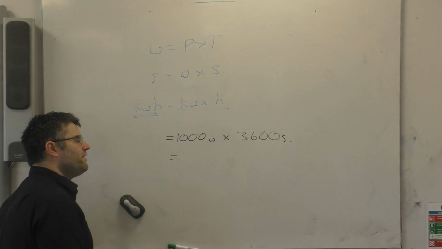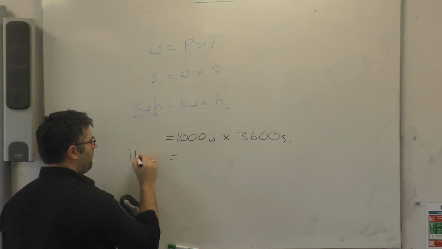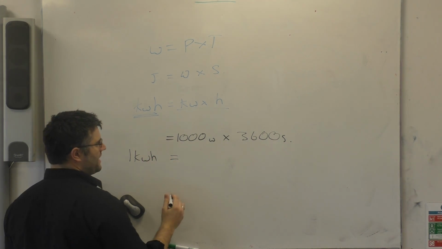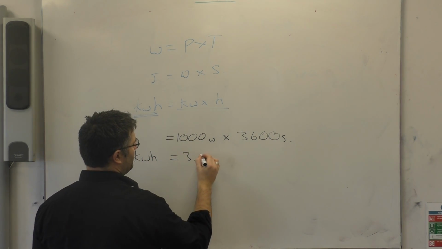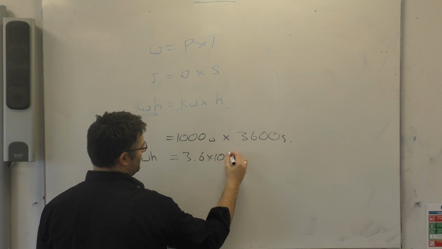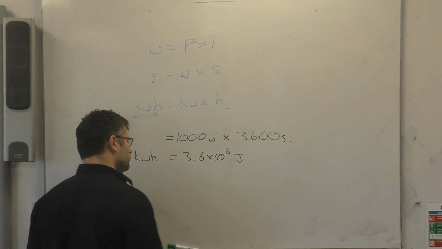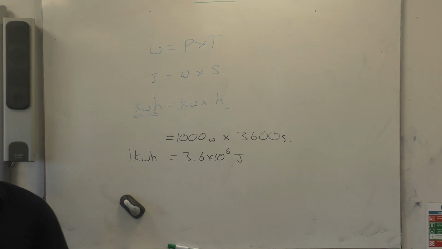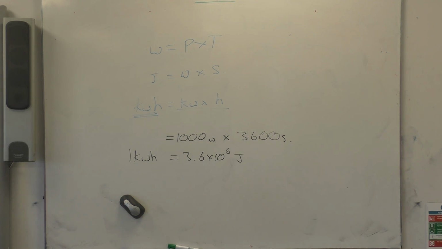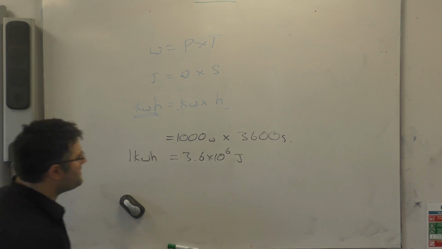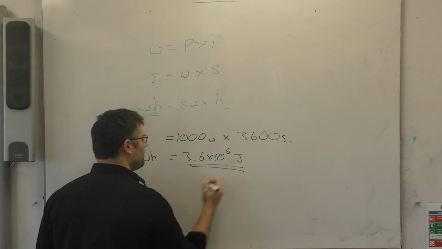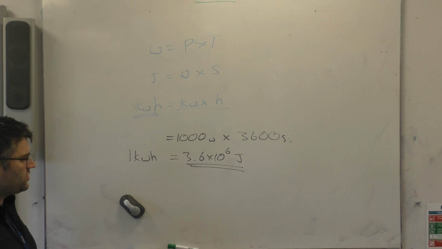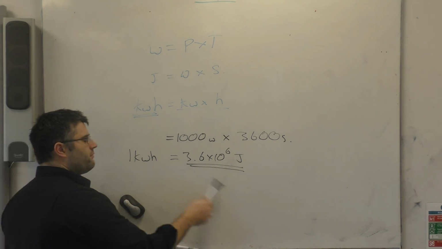So you should hopefully be able to show that 1 kilowatt hour is the same as 3.6 times 10 to the 6 joules. 3.6 megajoules. So in this case, it's quite nice to actually show that calculation there without too much difficulty. And that is generally the way we would define it.